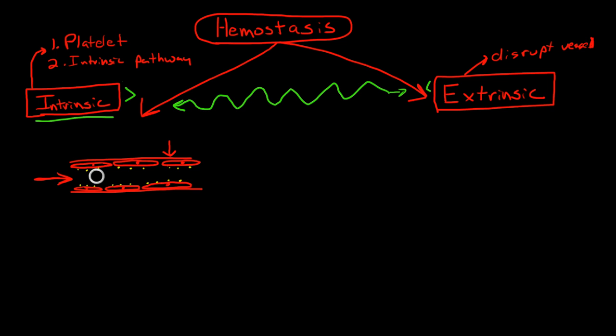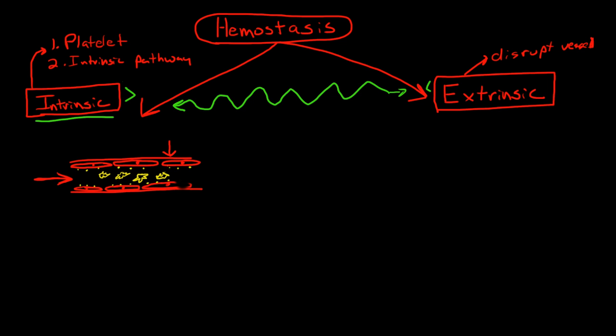Now, inside the blood vessel, we've got little platelets, and if you remember our picture in the prior video on platelets, they're these little fragments of cells with little spinous processes that stick out of them. What activates platelets? Well, one of the main things that activates platelets is an endothelial cell that is damaged and disrupted.